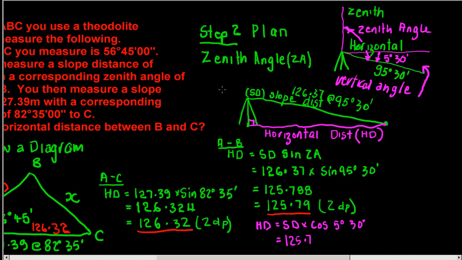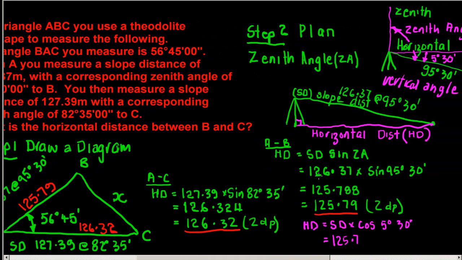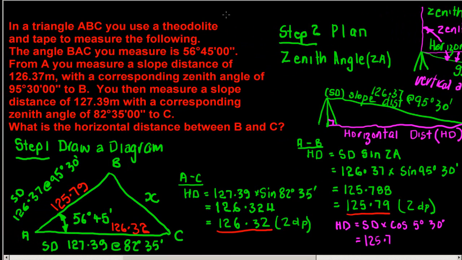Never mind. Here we go, just to check our other horizontal distance. So once we've reduced our 125.79, we put that in on the diagram in red, just over here.